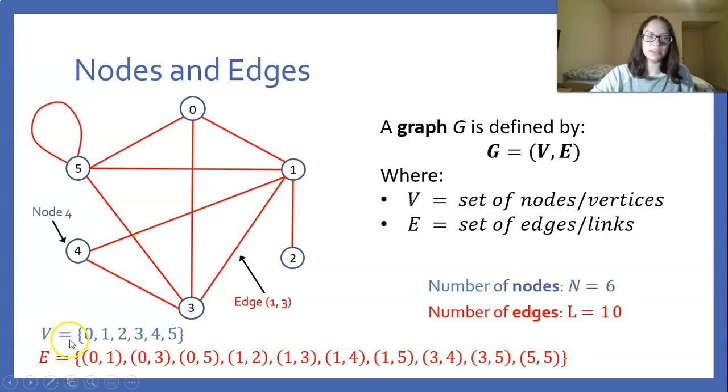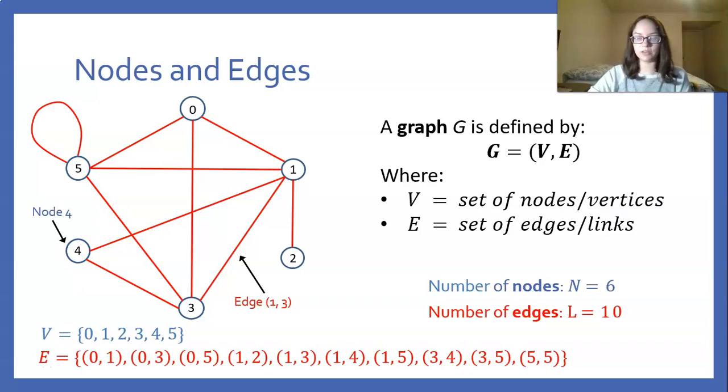V is the set of nodes: node 0, node 1, node 2, 3, 4, and 5. And E is the set of edges, a set of ordered pairs, because each ordered pair represents one edge. We've got 10 different edges here.